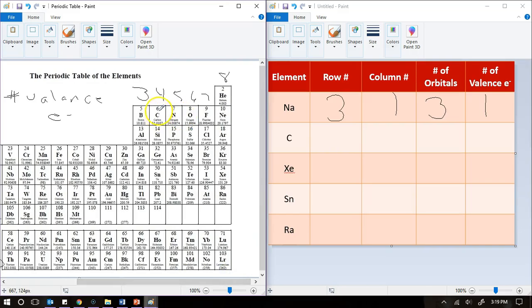So carbon's right here, which happens to be row 2, and it's in column number 4. So that means that carbon has 2 orbitals and 4 valence electrons. Now, just like before, pause the video, try those last 3 out yourself, and then come back to the video and double check your answers.